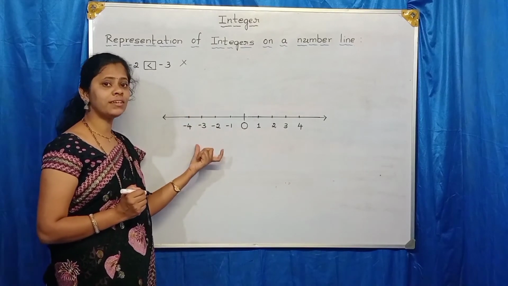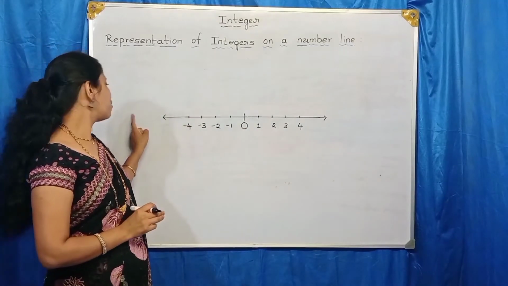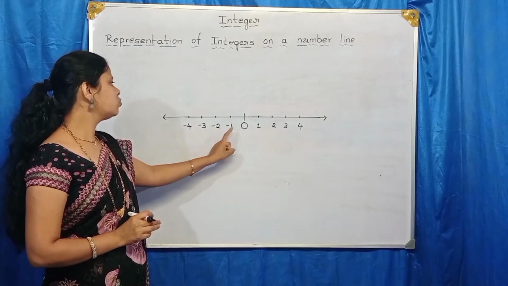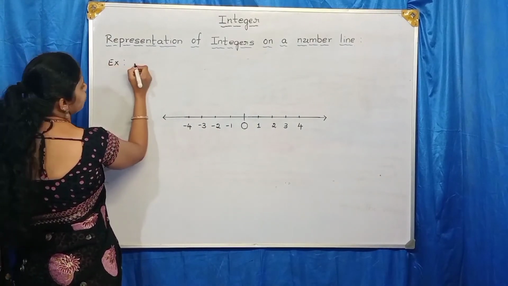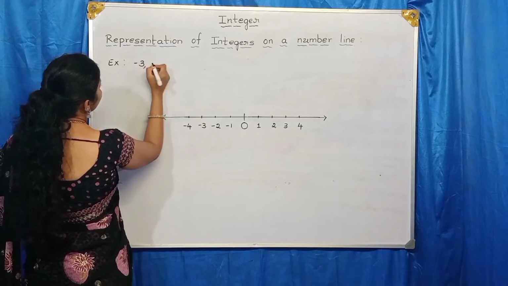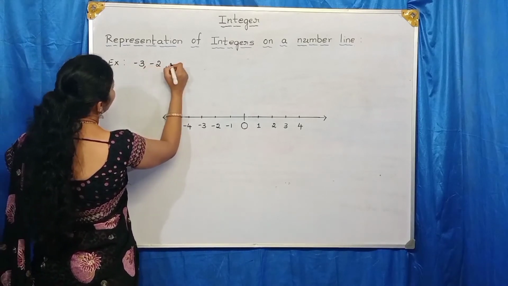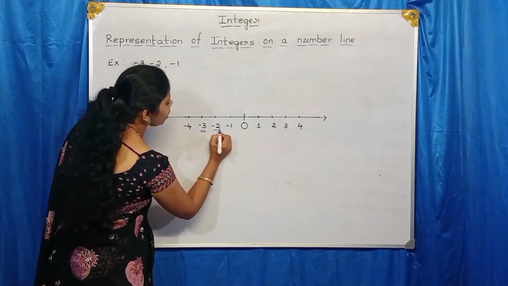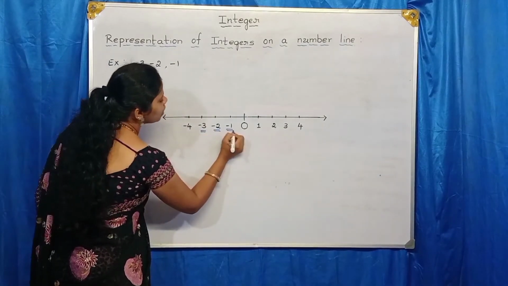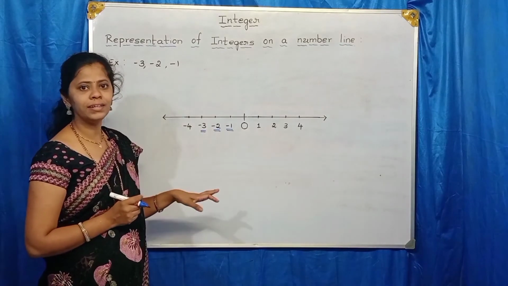I am going to explain this point here, so concentrate. Let me take the example -3, -2 and -1. -3 is here, -2 is here and -1 is here. Right?